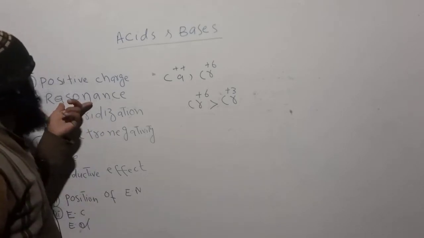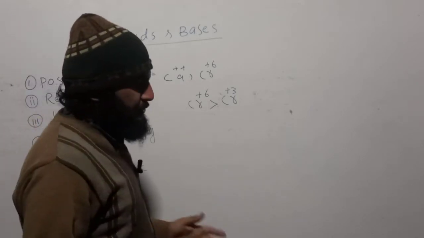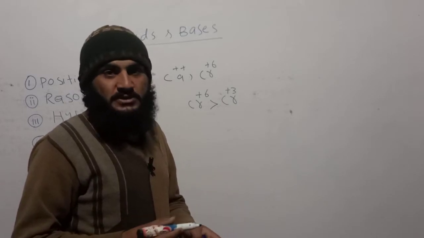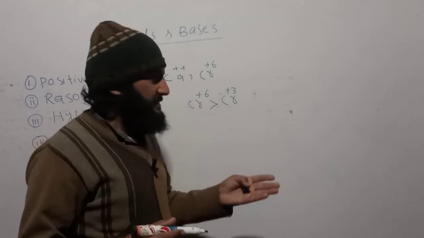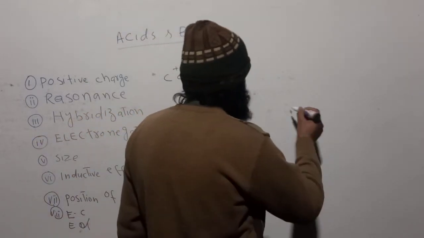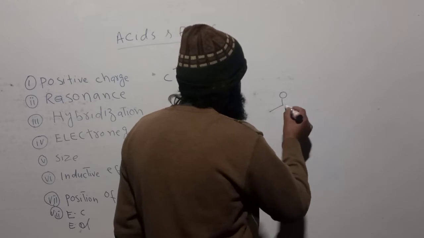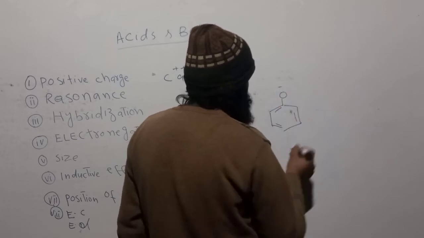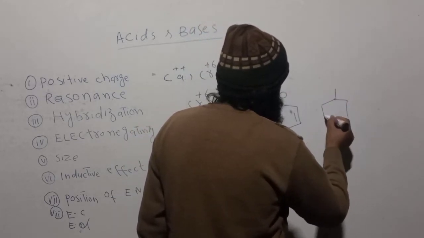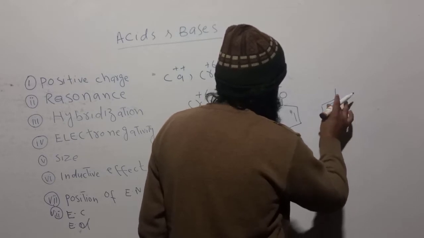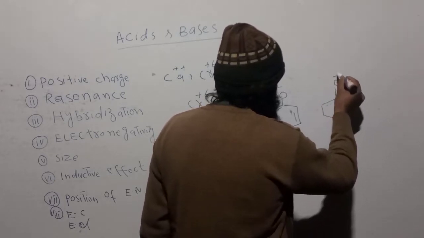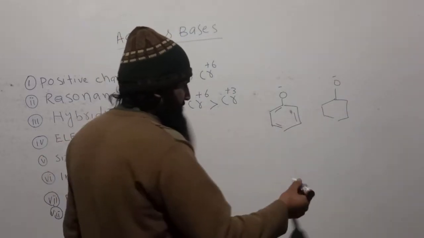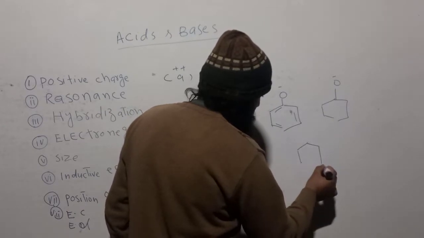Let's move ahead. Resonance: you should know that resonance is actually distribution of charge in a structure. For example, here there is a negative charge on the ring, and here is also a negative charge on the ring, and this is also a choice.